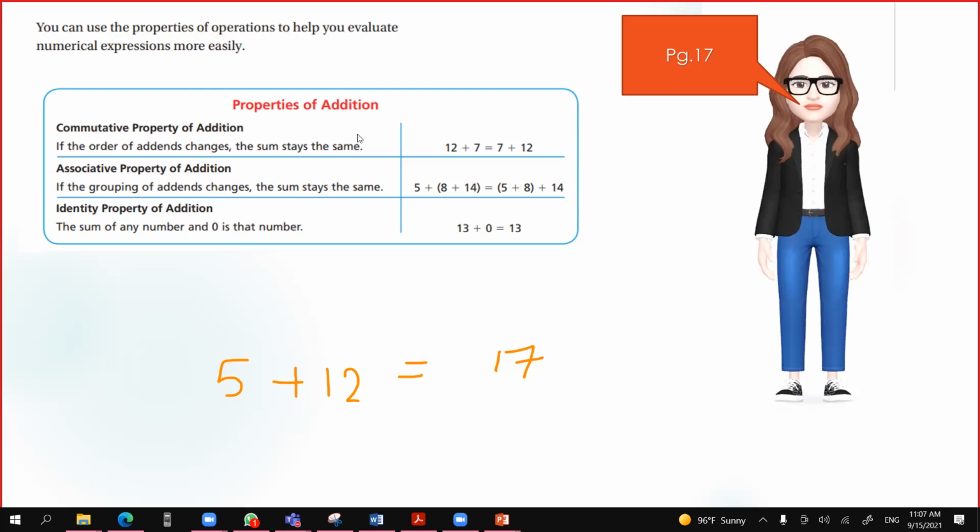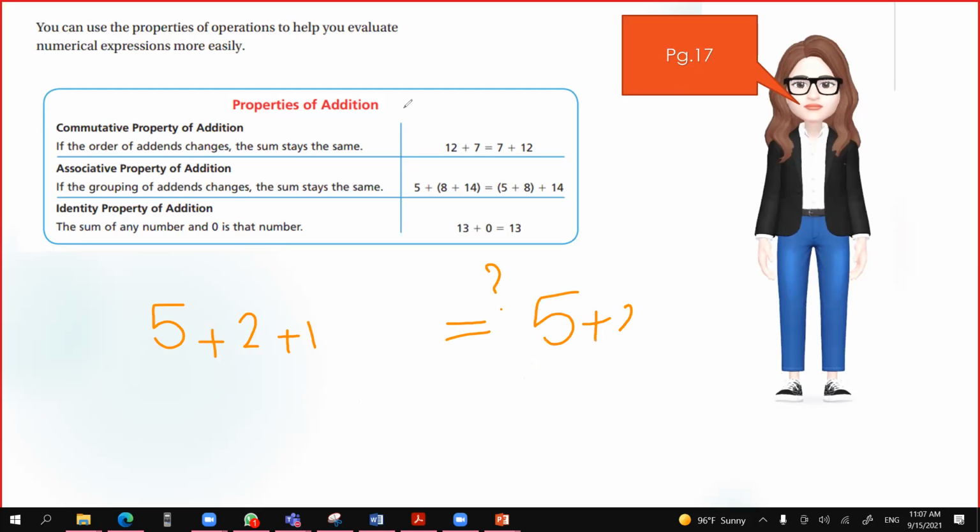Now, let's talk about the associative. Associative means for the 3 numbers. If the grouping of addends change, the sum stays the same. Let's say you have these 3 numbers, 5 and 2 and 1.